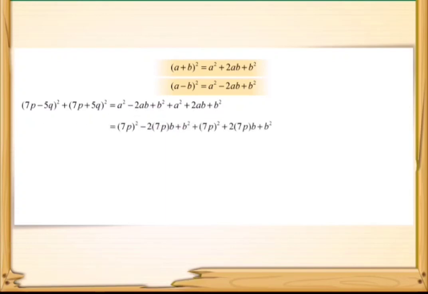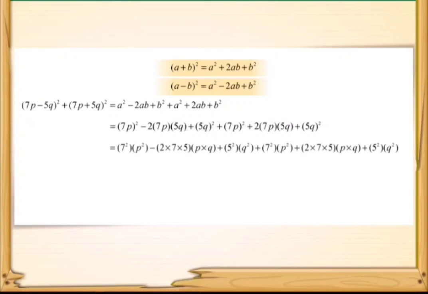On replacing a with 7p and b with 5q and then simplifying the right-hand side, you get 49p square minus 70pq plus 25q square plus 49p square plus 70pq plus 25q square.